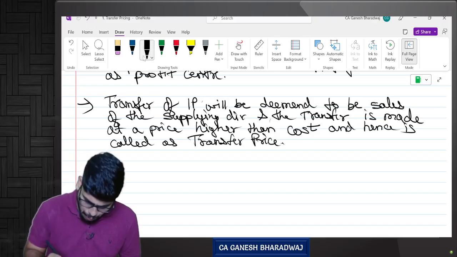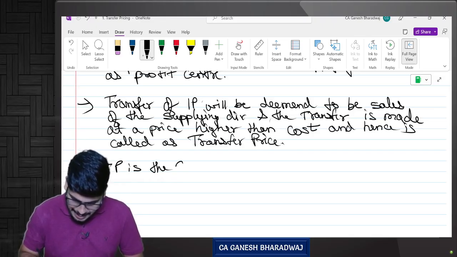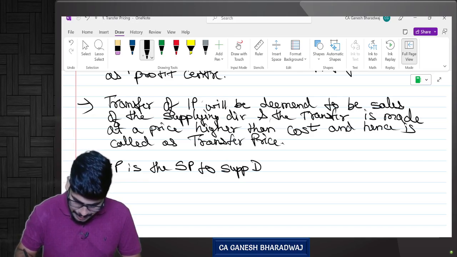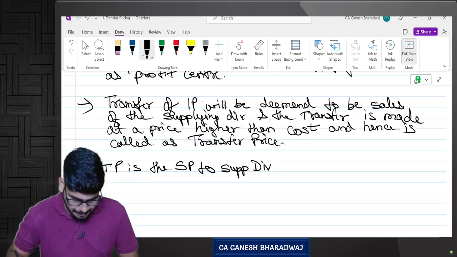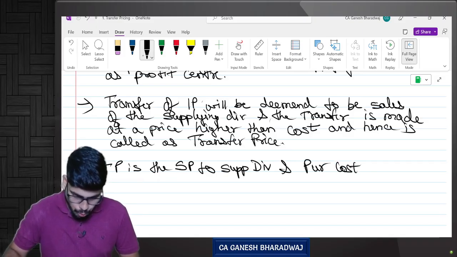Yes. A few more points I will mention. So transfer pricing is the selling price to the supplying division, and purchase cost to whom? To the receiving division.